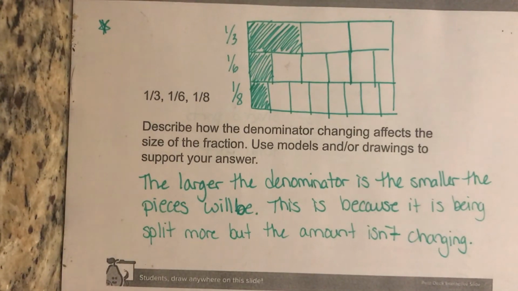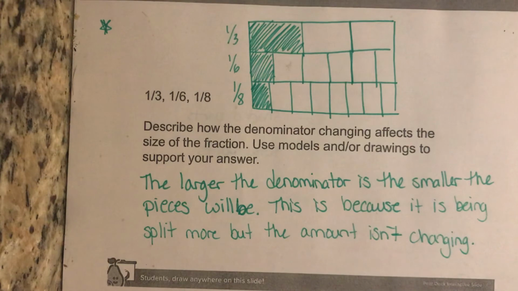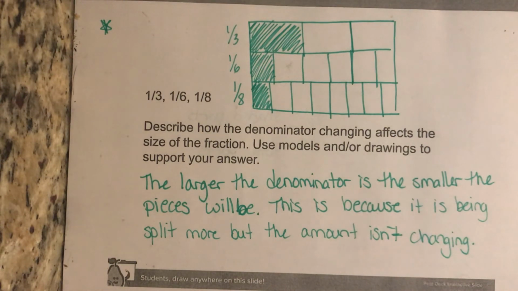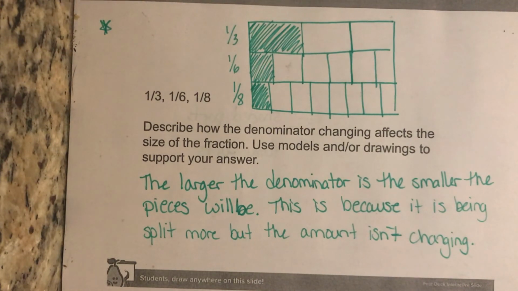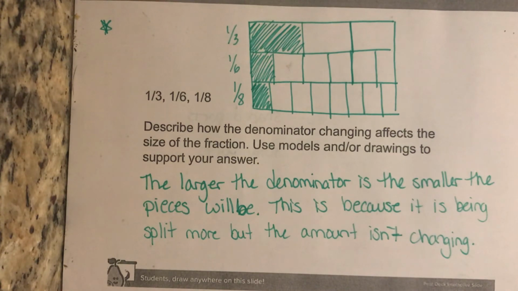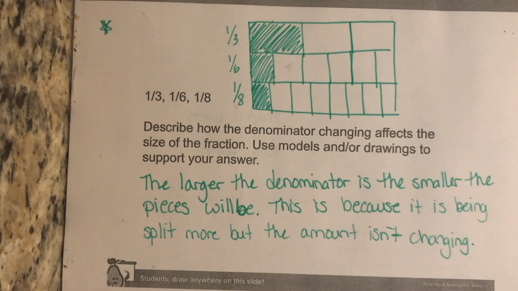Next question, you have 1/3, 1/6, and 1/8, and I've drawn a model of them to go along with it. It says, describe how the denominator changing, meaning the bottom number, total number of parts, affects the size of the fraction. Use models or drawings to support your answer.